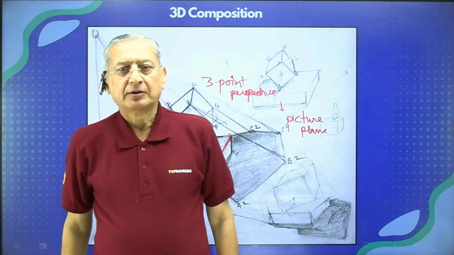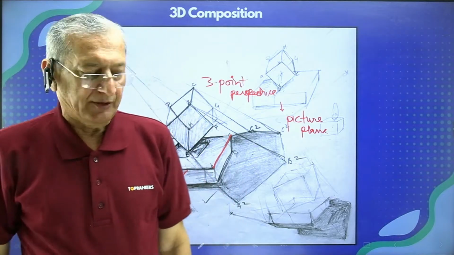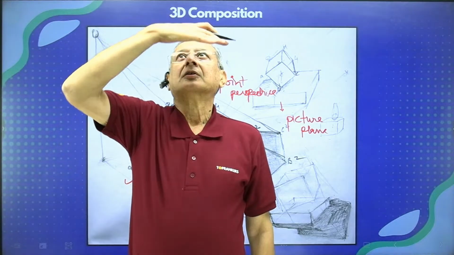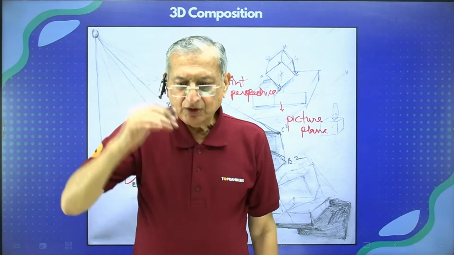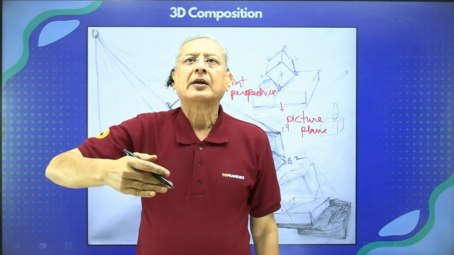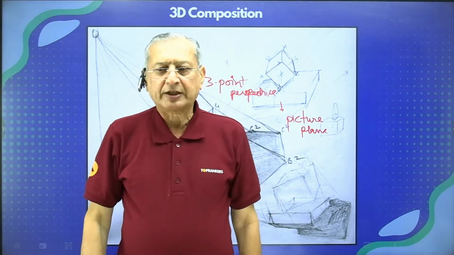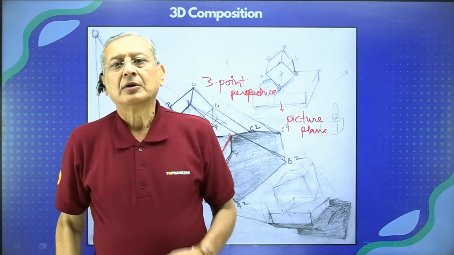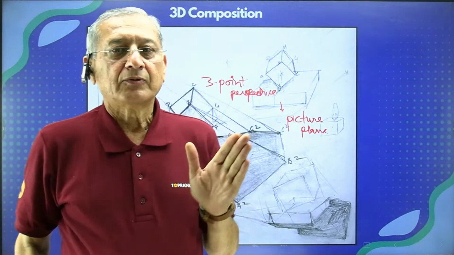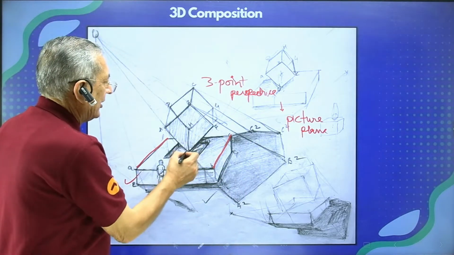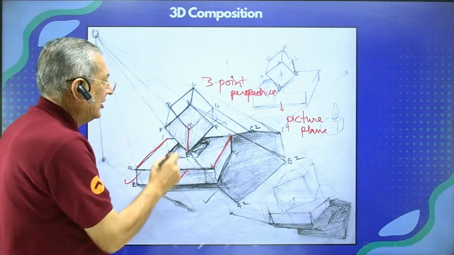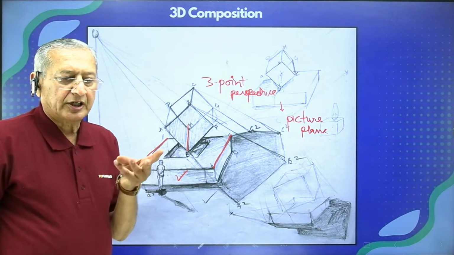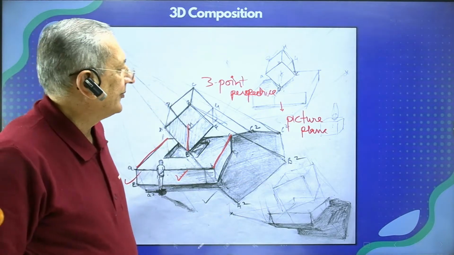However, in case of 3 point perspective, either the picture plane, as I showed you, like this, or like this, is forming a different angle than the right angle to the ground, or the object flat surface is forming a different angle than the right angle to the ground. These two conditions will make it 3 point perspective.